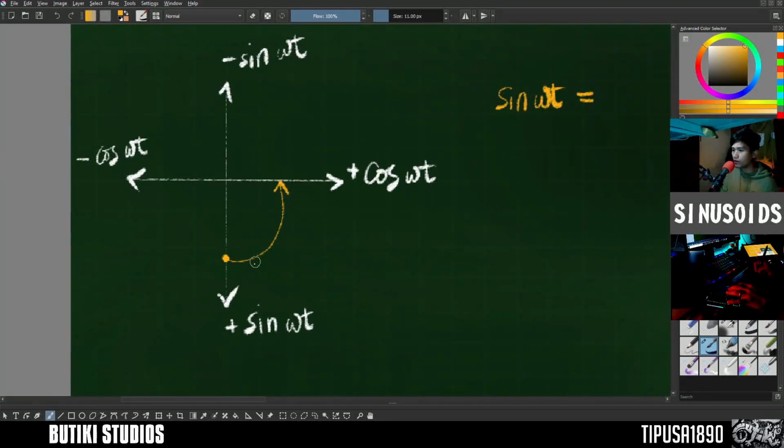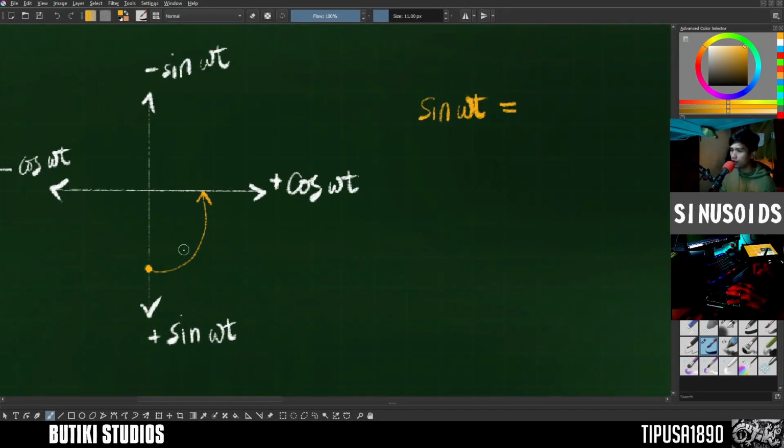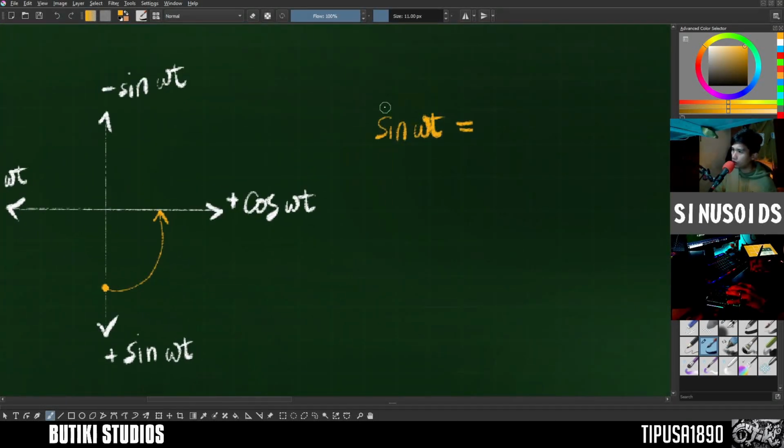Kay pwede man kami nga gikan sa imong positive sine himuon siya nimo nga negative sine, or og himuon siya nga nimo nga negative cosine, so positive sine padulong sa negative cosine, or the other way around padulong ka dito. But here positive sine padulong ka sa positive cosine. So ang imo nga sine karon nga positive omega t, mahimo siya nga cosine omega t, no?